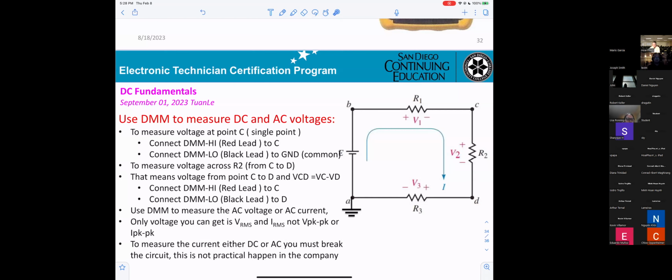To measure the current, either DC or AC, you must break the circuit. This is not practical in a company. So basically, you cannot measure the current, AC or DC, at work, because you have to break the circuit.